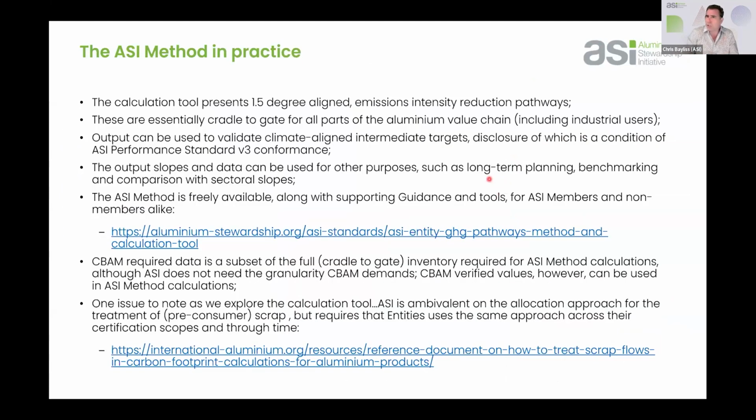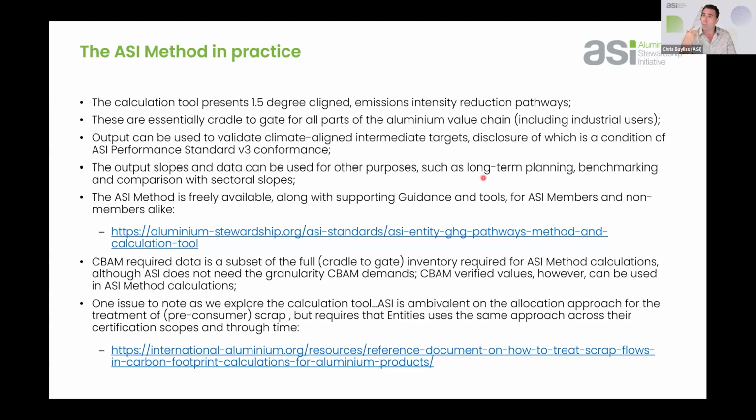There were some questions as well around CBAM and the role of the slope development in CBAM. CBAM has some specific data requirements, and if you are conducting verification of your data for CBAM, you have some of the information needed for the ASI method, but CBAM only asks for, or only charges according to, a subset of your emissions.